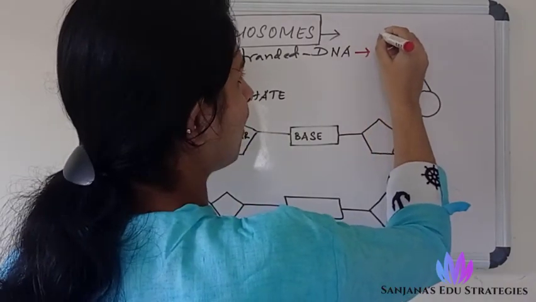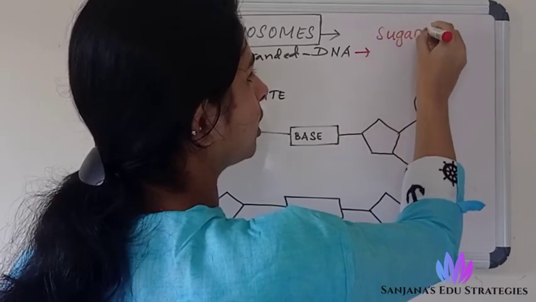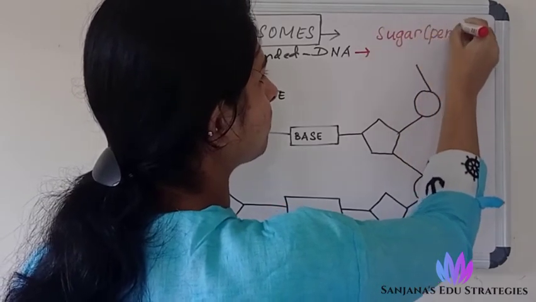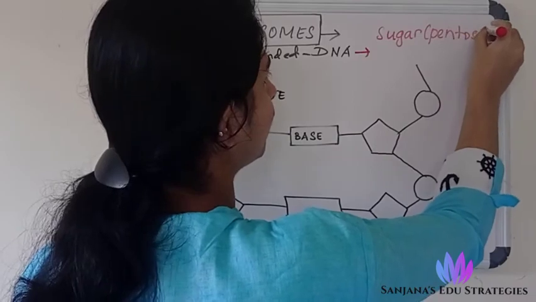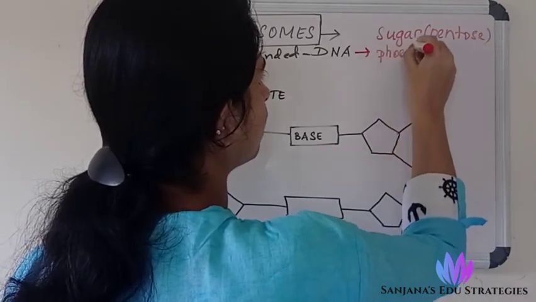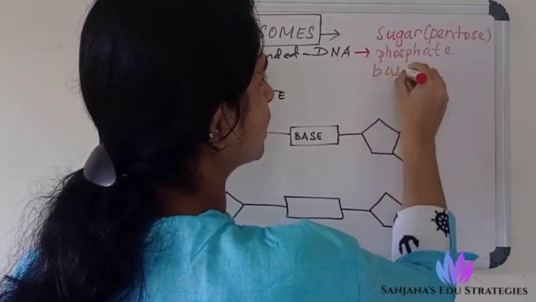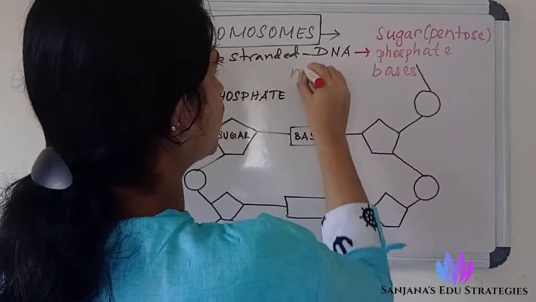First you have sugar, or you can call it pentose. Then you have phosphate. Then you have bases, which you can call nitrogenous bases.